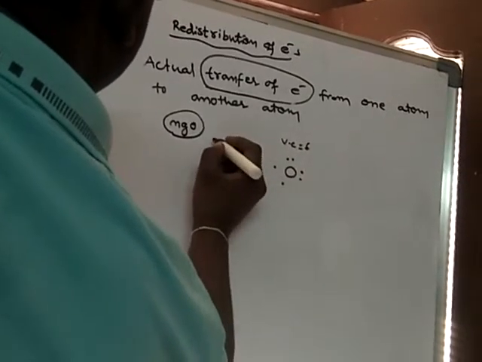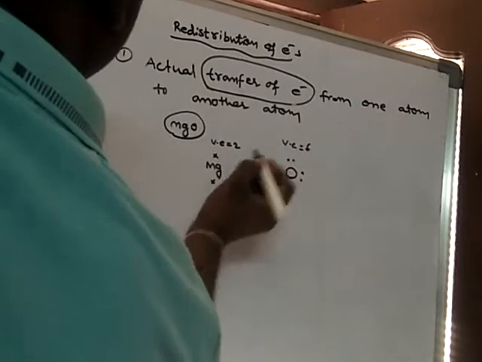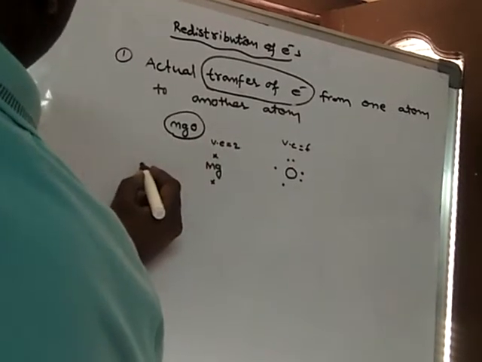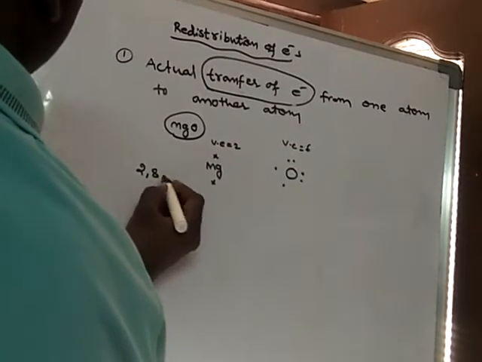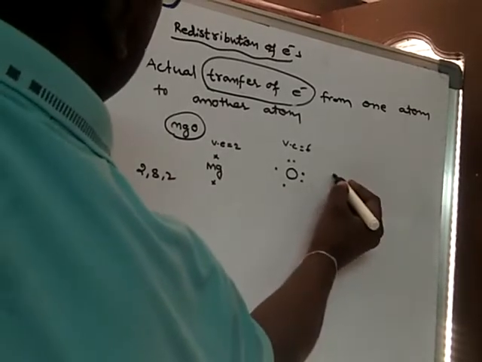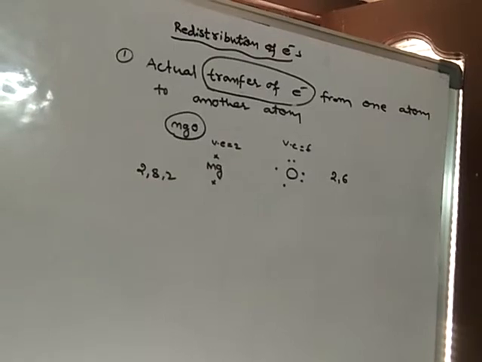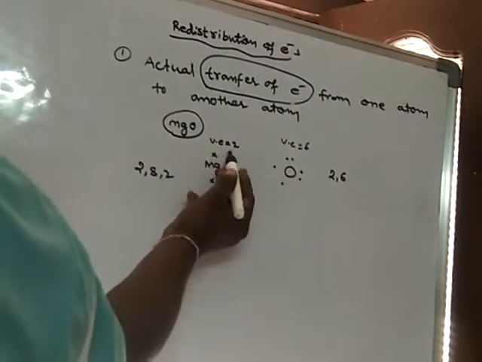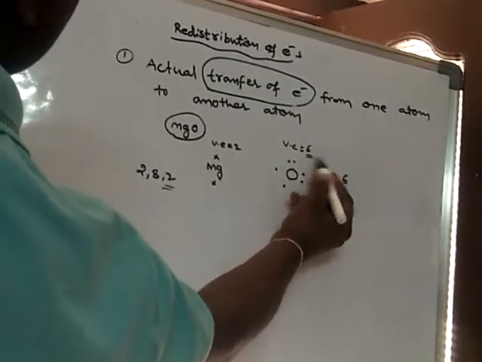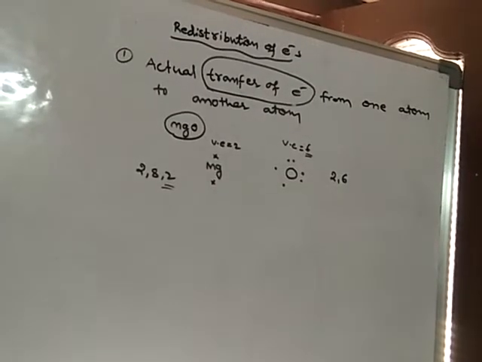In magnesium, valence electrons are 2. So magnesium's arrangement is 2, 8, 2, and oxygen's arrangement is 2, 6. Here valence electrons are 2, and here valence electrons are 6. So both the atoms are unstable atoms.